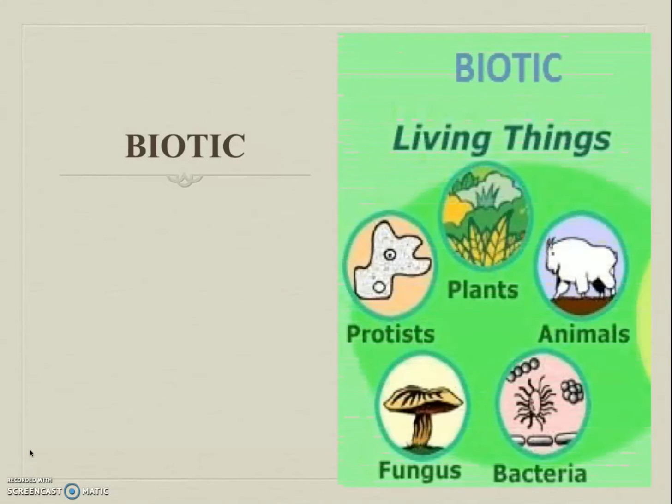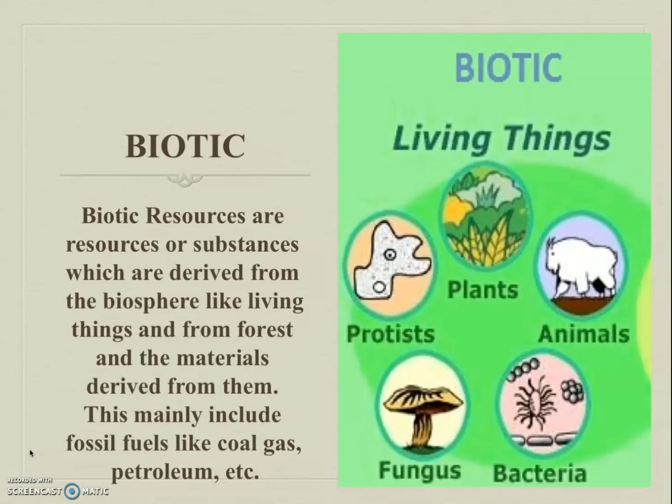Here the image itself is telling us something about living things, correct? So here also we are going to learn about this. Biotic resources are substances derived from the biosphere, like living things and forests, and the material derived from them. This mainly includes fossil fuels like coal, gas, petroleum, etc. That means all living resources are biotic resources.